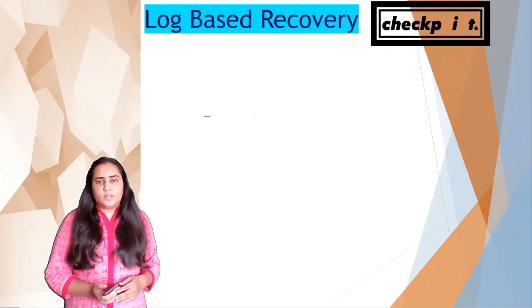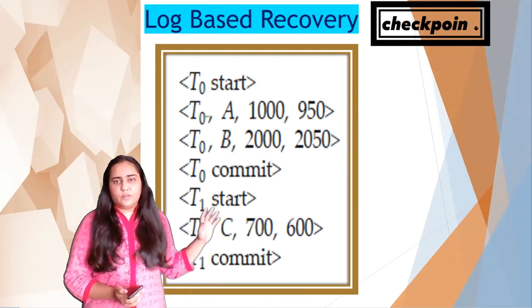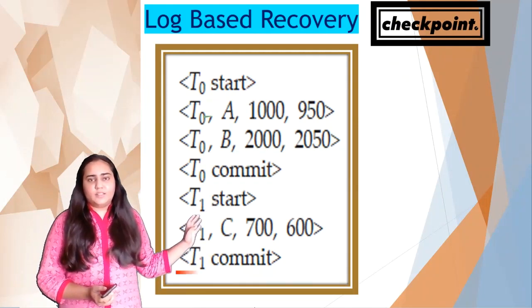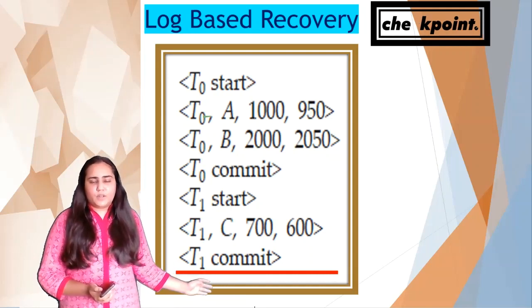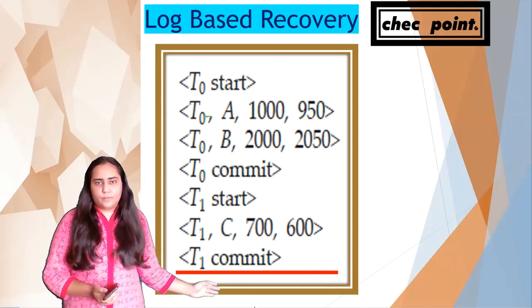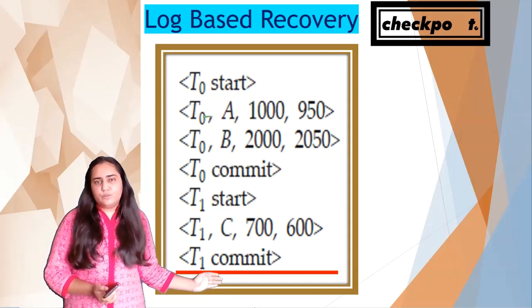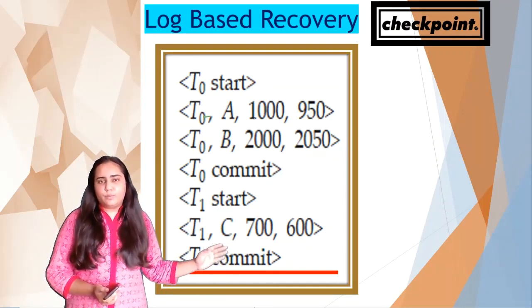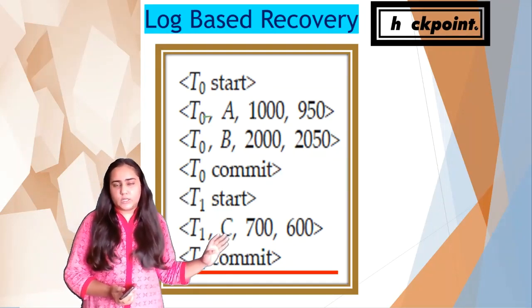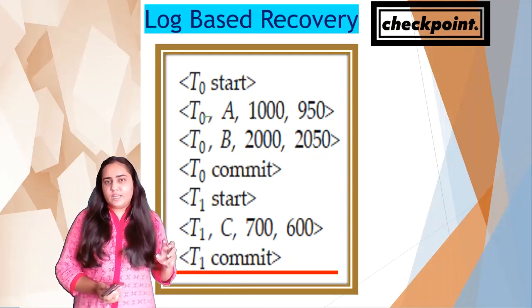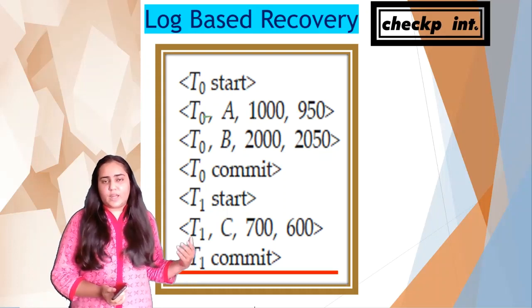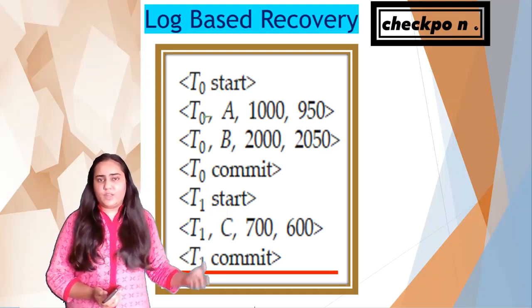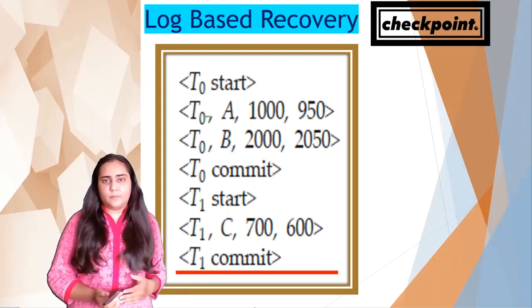So we'll use the same log that we had earlier and consider that there's a failure occurring at this point in the log. At this point, you know that T0 and T1 both have committed. Normally, without a checkpoint, you would have to redo T0 and redo T1 both, because both started and committed.